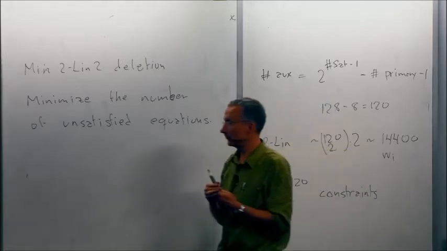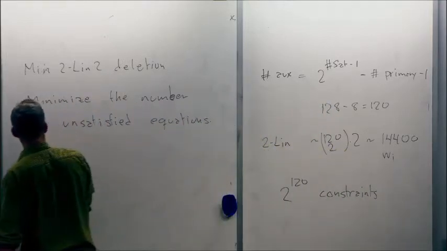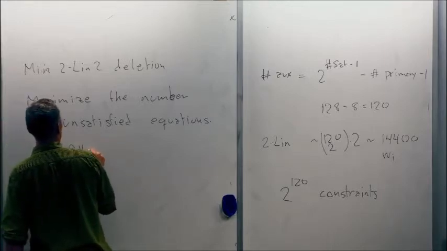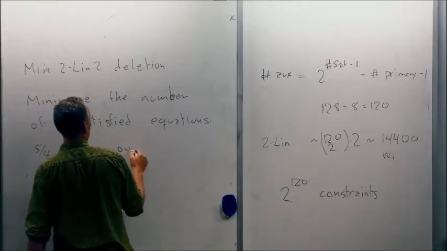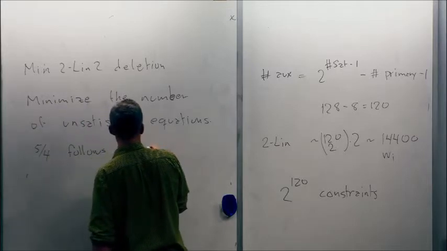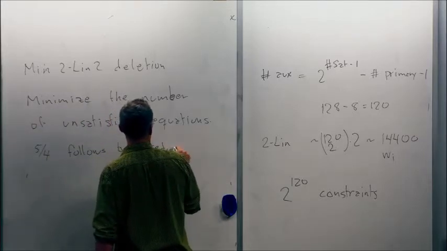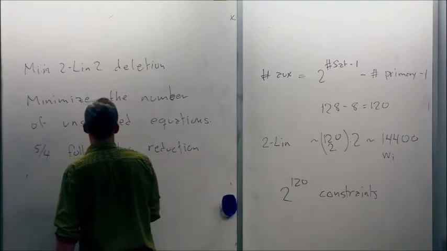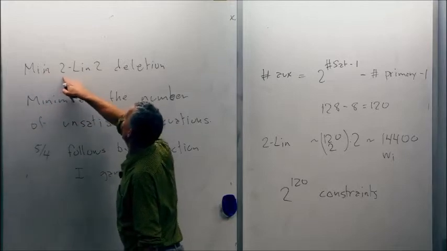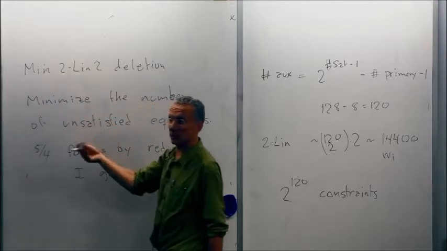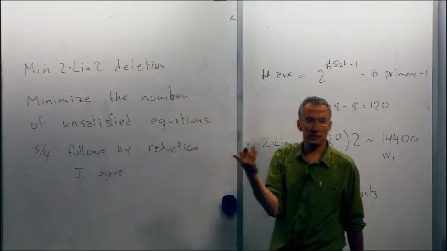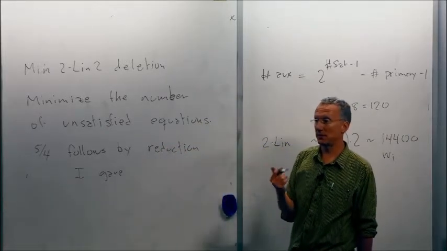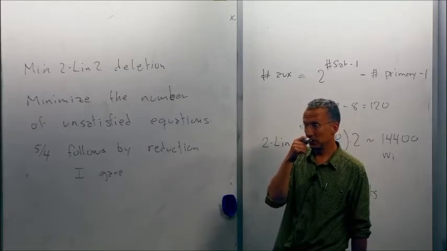Since it's very related to max-2-lin, I can just look at the reduction I just had for it, and that actually gives 5 over 4. And this was the best constant known for a long time.